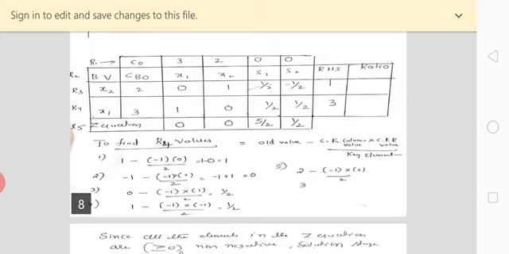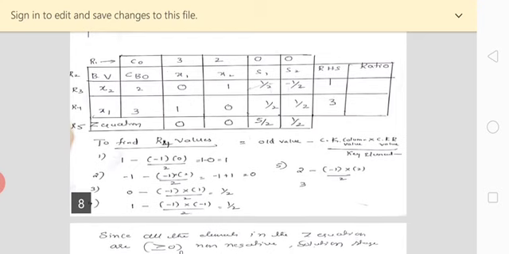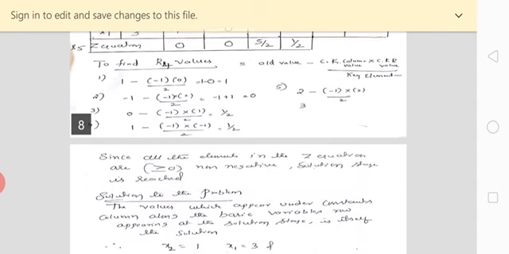Then 2 into 1 by 2 is 1, plus 3 into 1 by 2, you get 5 by 2, minus the Cj value, it will be 0. Next, 2 into minus 1 by 2 gives minus 1, and 3 into 1 by 2, so you get 1 by 2.